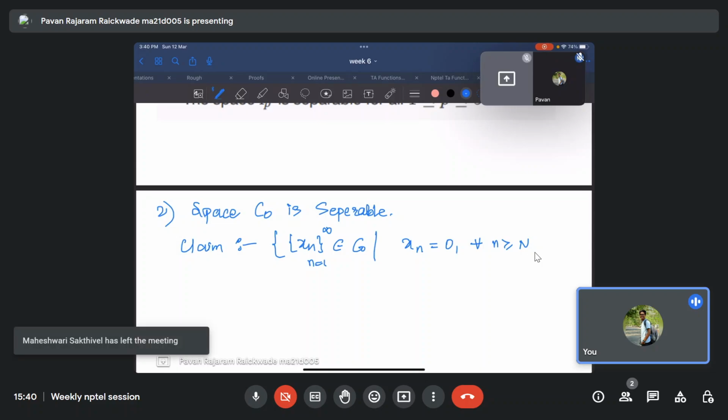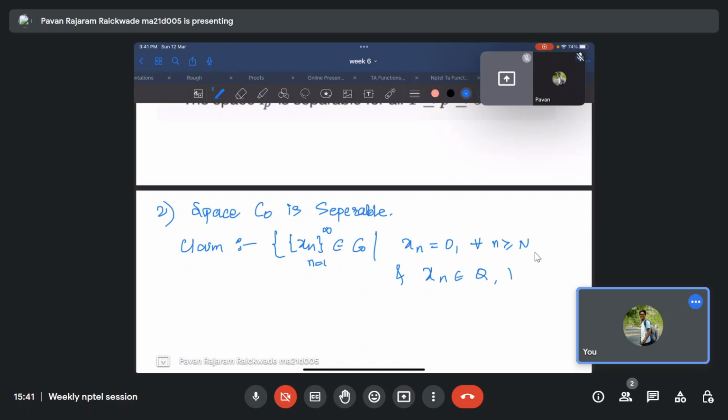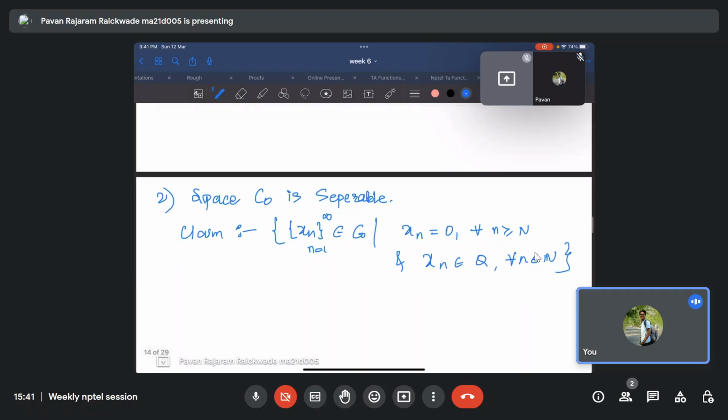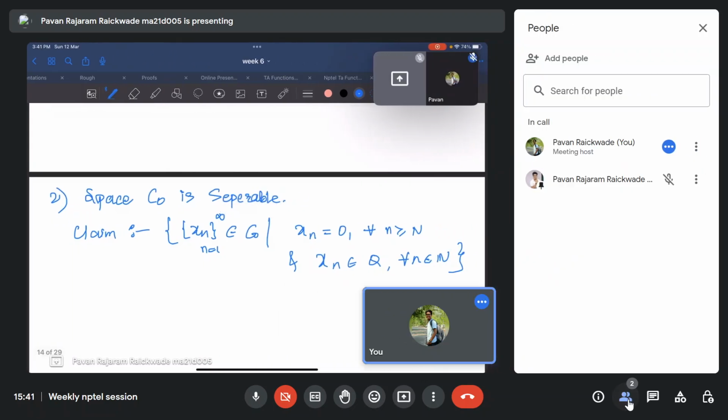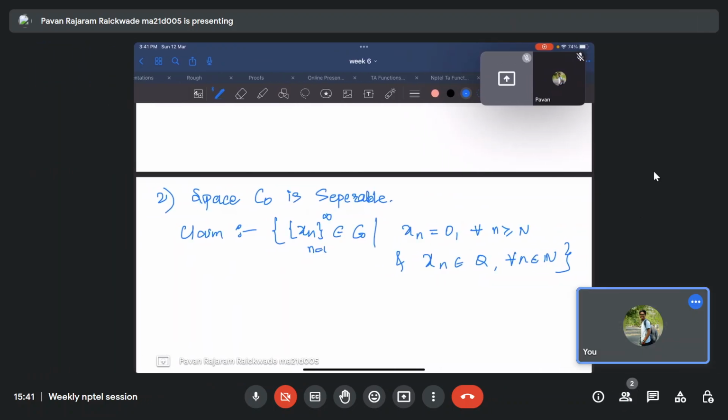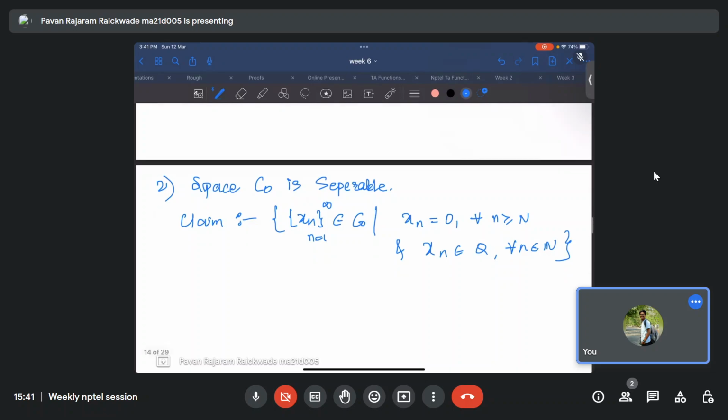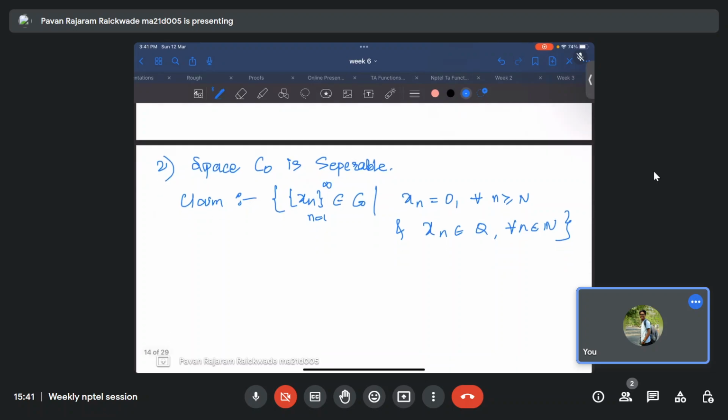This N depends individually on each x, and xn belongs to the rationals. A kind of c00 space with rational entries.